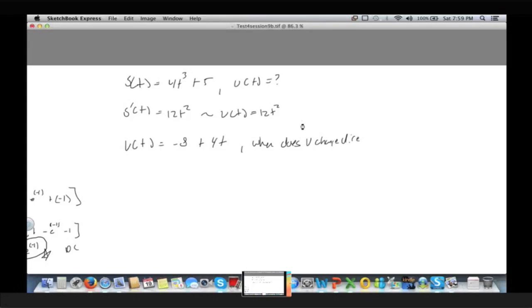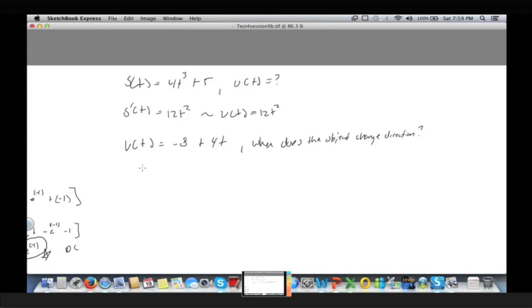The letter v is not moving. What we want to say is when did the object change direction? Because the object is the thing that's moving. We're going to use the object's v to figure that out, but it's not the function v that's changing direction, it's the object.